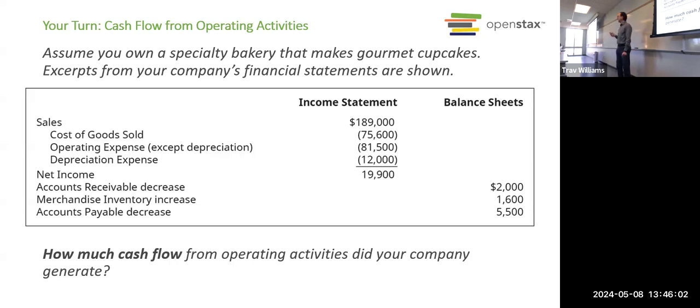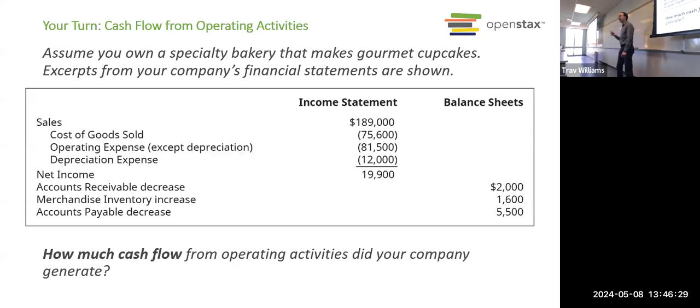What would we do next? What was the next step? Exactly. Add back non-cash expenses like depreciation. So we would take that 19,900 and we would add $12,000.